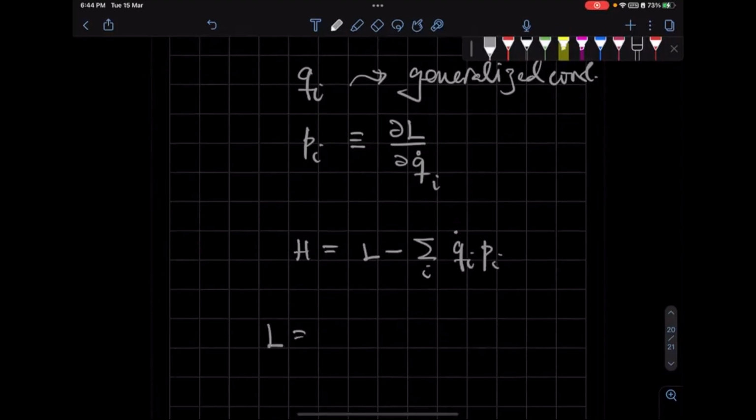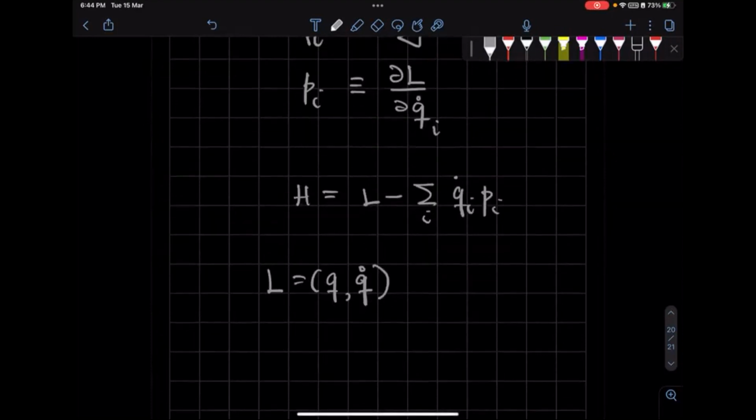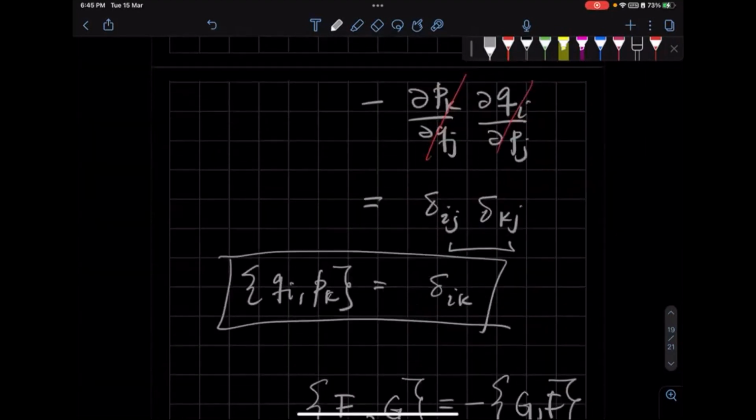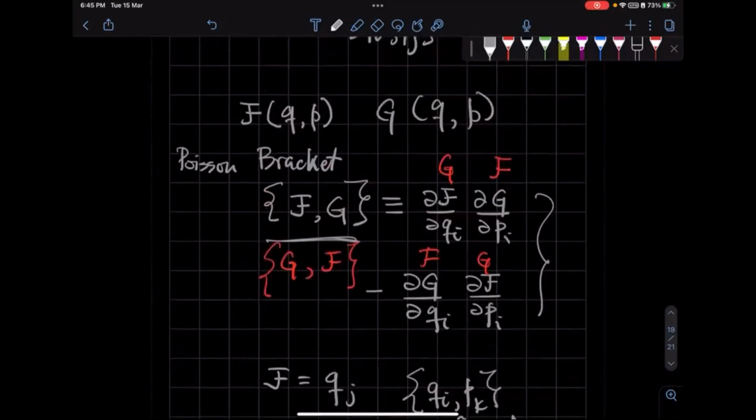The Lagrangian is a function of the generalized coordinates and the generalized velocities, but this is what is known as a Legendre transformation, and I covered this in great detail in my statistical mechanics course. From there you get to the Hamiltonian, which is a function of the generalized coordinates and the canonically conjugate generalized momenta. So there is no derivative with respect to time when it comes to the Poisson bracket defined here.